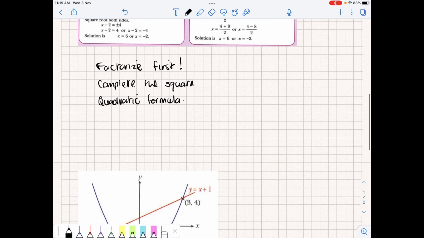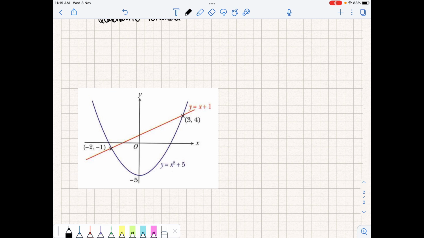Okay, so let's look at a graphical interpretation of solving simultaneous equations. The first time we are introduced to simultaneous equations is where we are looking at them visually on a graph. So over here, we have the two equations, y equal to x plus 1, and we also have the parabola y equal to x squared plus 5, right?